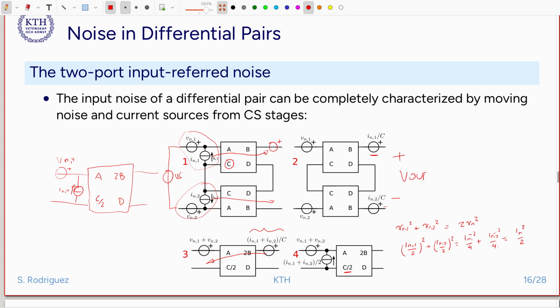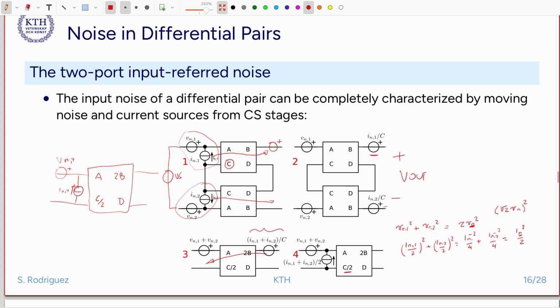That is very nice because then we can see directly that the input referred noise of a differential pair can be characterized by the input referred noise of a single device quite easily. We can also write it like this.